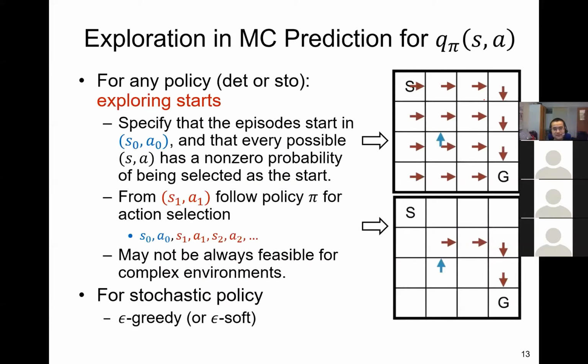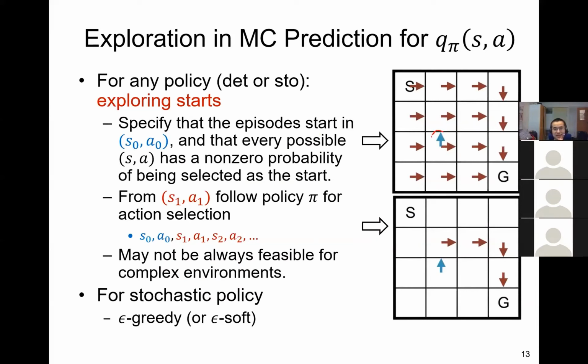So you can specify that the episodes start in S0, A0, the blue state, and every possible SA has a non-zero probability of being selected as the start. And from S1, A1, follow policy pi for action selection. So the first is the blue S0, A0, because you want to compute its Q value.